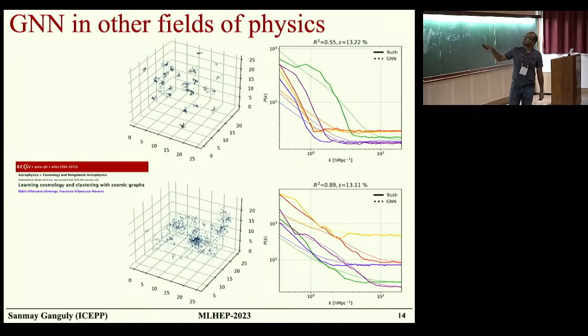Here are the CAMELS simulations for large-scale structures of the galaxy distribution in the universe, and they tried to infer the power spectrum for each galaxy using a graph neural network. The solid lines are what their analogous simulation, called CAMELS, gives them, and the dashed lines are what the graph neural networks give them. And if you search this paper, they also use the PyTorch Geometric library, and you will see what you learned. They're doing exactly something similar.